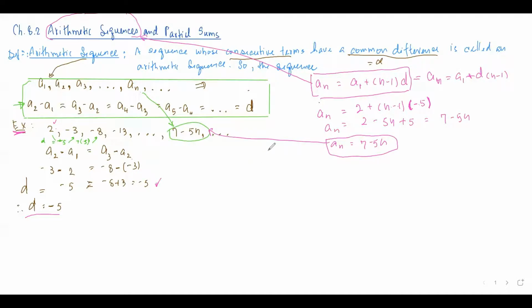Okay, so come back to this question. You know this one, an, we call it the n term, sometimes we call it the general term. You can call it either name, okay?